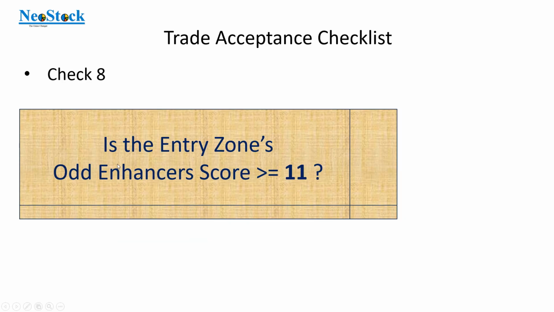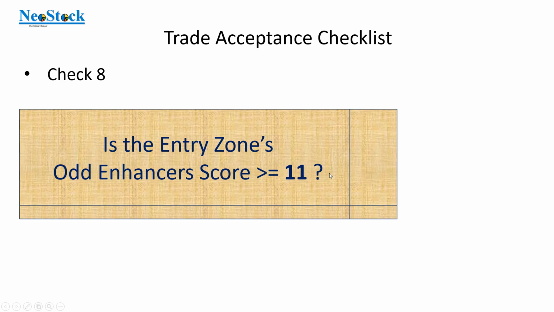Okay, in lesson 20 we verified odd enhancer score greater than 12. But now odd enhancer score should be greater than or equals to 11. That means 1 point we reduced here. Bullish or bearish trade setup, the minimum value should be 12. But sideways trade setup, the minimum odd enhancer score should be 11.